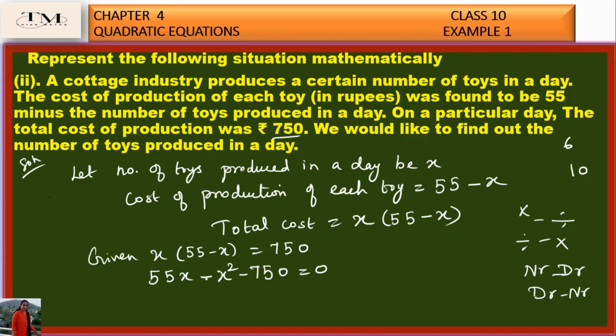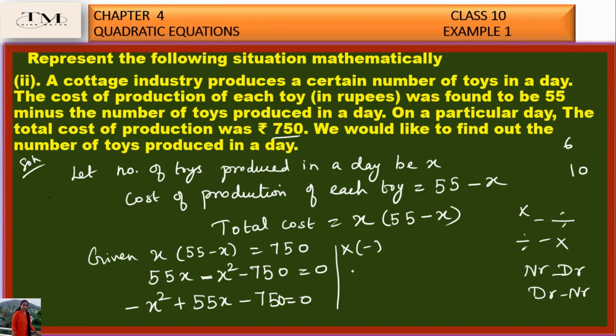Now the coefficient of x square is negative. Before that, we will arrange in descending order of the powers: minus x square plus 55x minus 750 equal to 0. Next we are going to multiply by the negative sign.